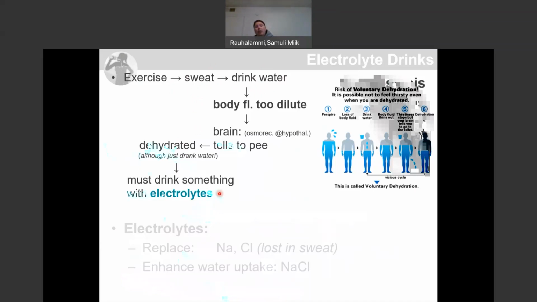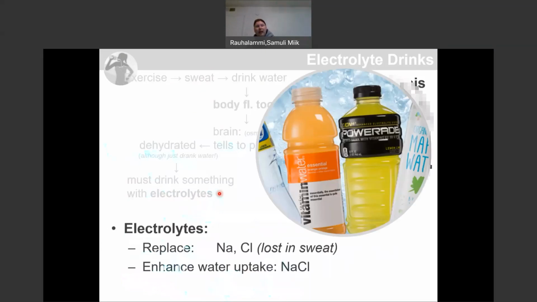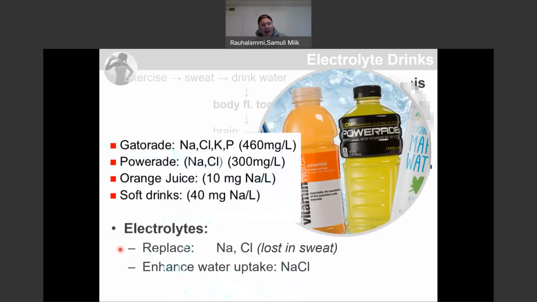So individuals who do high performance sports, extreme athletes, they actually don't consume just pure water at their peak performance, but they use special recovery drinks or exercise drinks that contain high amounts of electrolytes, so they can replace those electrolytes that they lost through the sweat during the exercise. And that will help to enhance the water uptake to the body and to the cells.